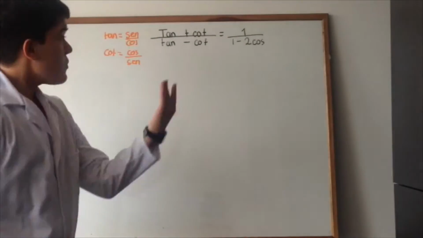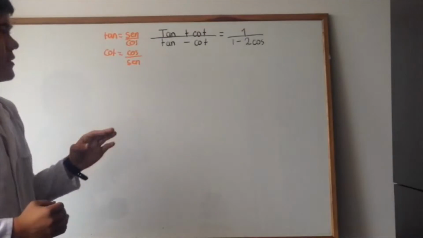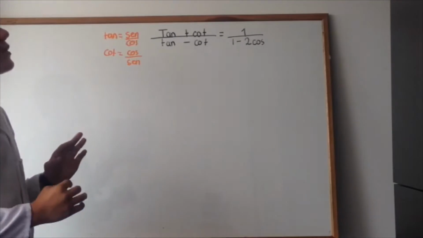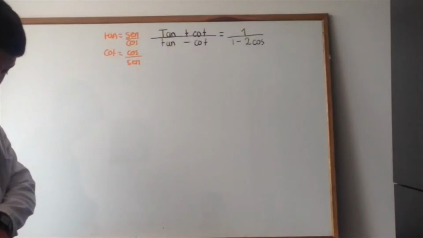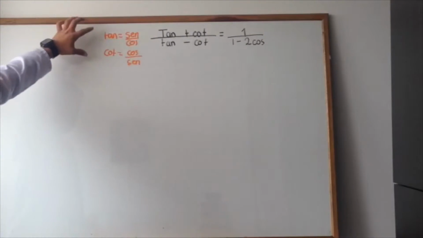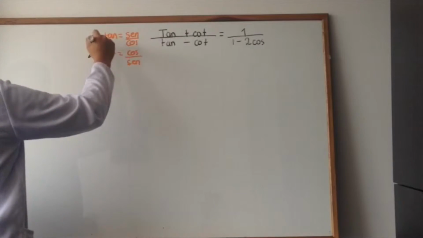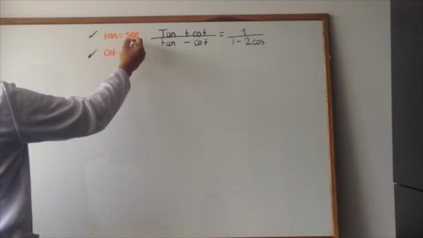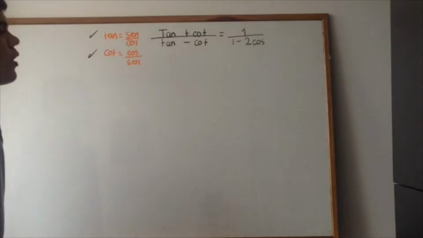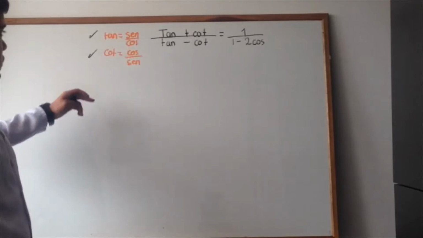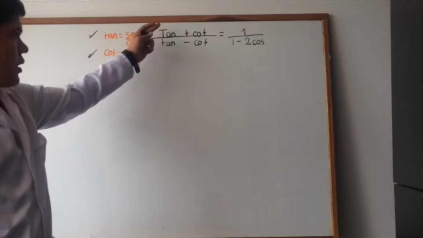Well, in this opportunity, we try to do an exercise that is more complicated than the other one. Well, we need to fix these trigonometric expressions. Tangent equals sine divided by cosine, and cotangent equals cosine divided by sine. Well, we need to use these expressions in this.